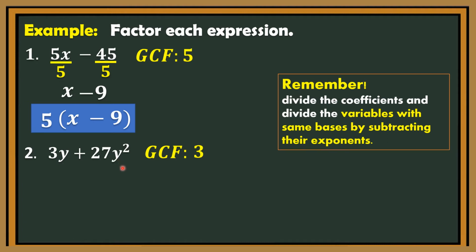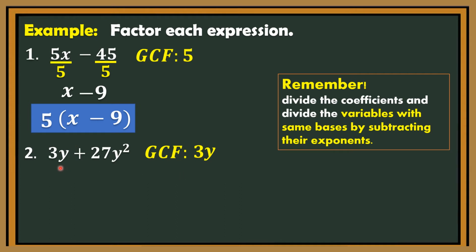It means we can get the greatest common factor. Just look at the least exponent of y. That will be your greatest common factor. And the least exponent of y is 1. Therefore, the greatest common factor among the literal factors is y. This is your first factor.